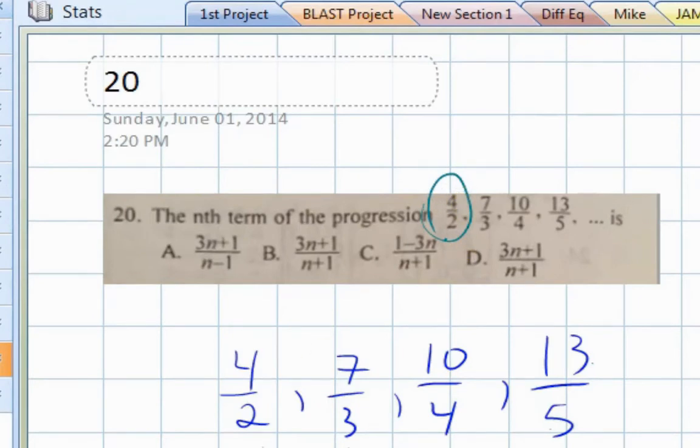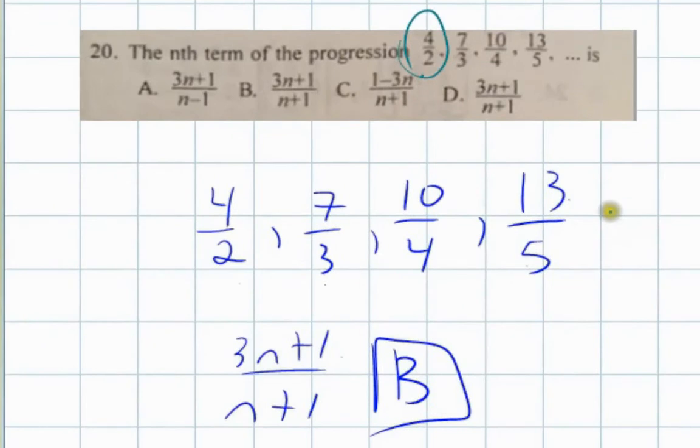And it turns out that this can continue to work, because then the next number that you plug in, so 2 times 3 is 6 plus 1 is 7. 3 times 3 is 9 plus 1 is 10. So using this 3n out here easily advances you by 3 each time. And so yeah, this is your answer. It's option B.